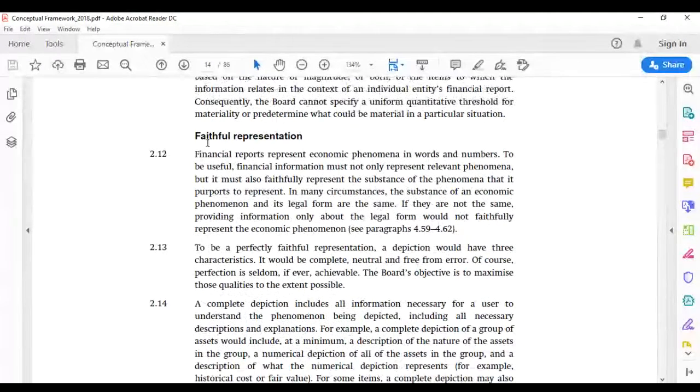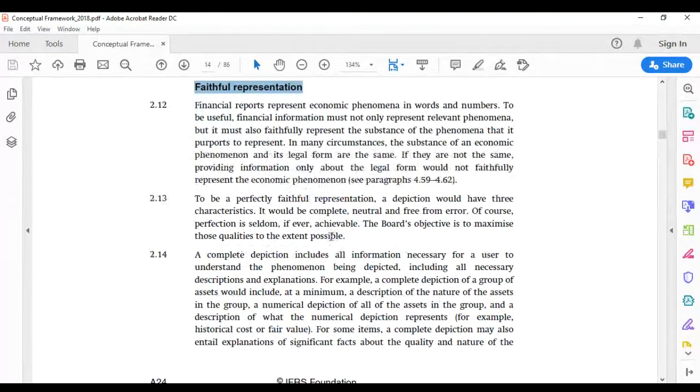Then we've got the second fundamental qualitative characteristic, which is faithful representation, right? Again, let's go and have a look at the second paragraph under faithful representation. When is financial information faithfully representing what happened in the company? They say to be a perfectly faithful representation, a depiction would have 3 characteristics.